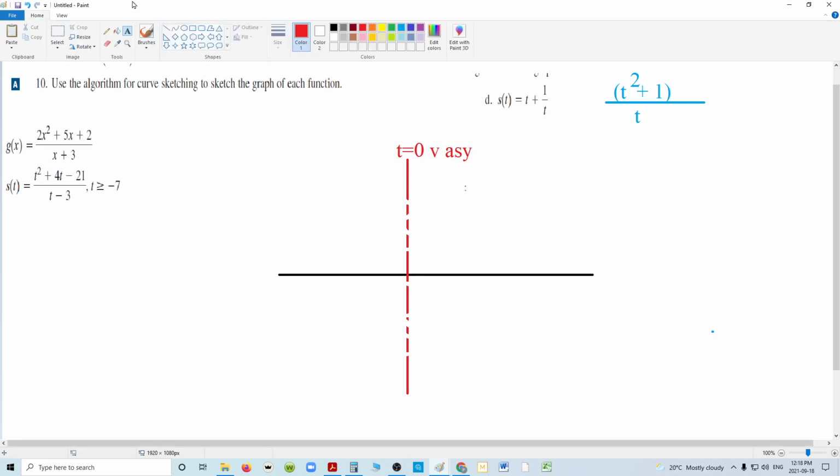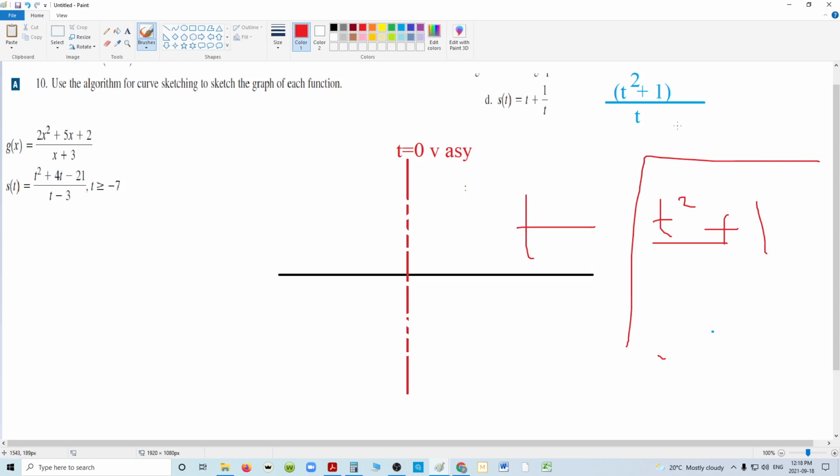What about a horizontal asymptote? Well, we have t squared over t, and because the top is bigger, this creates not a horizontal asymptote, but a diagonal one. To figure out what that is, you do long division, old school.